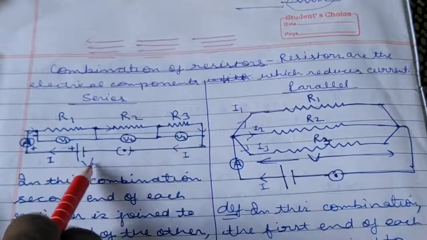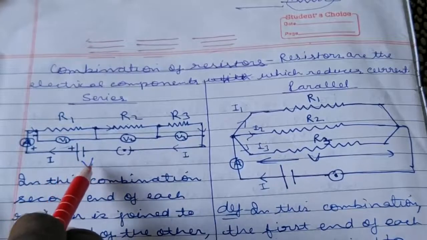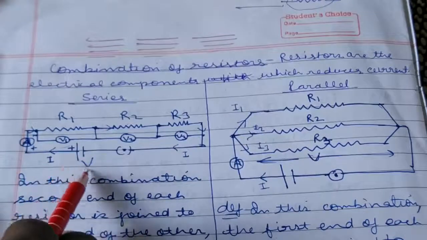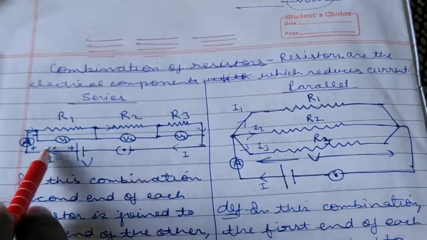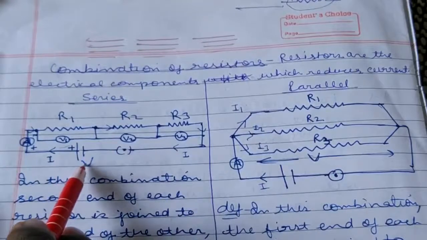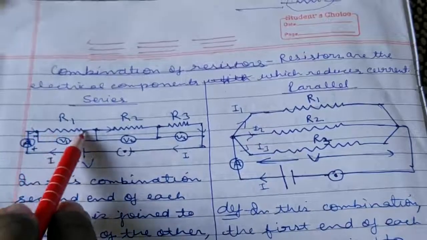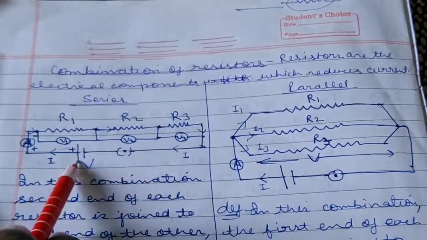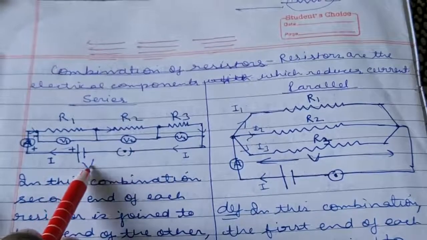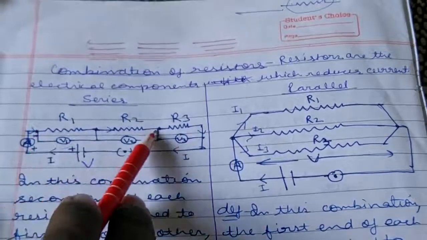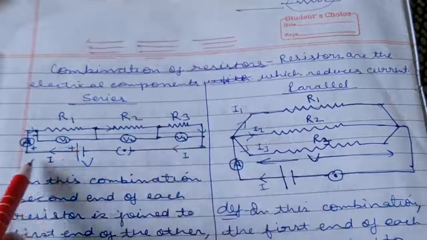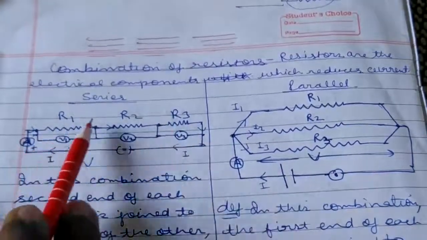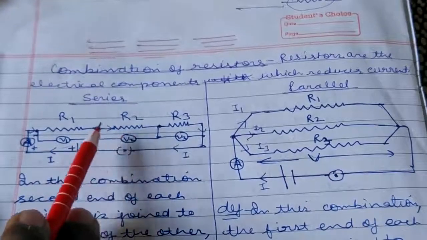Suppose its potential difference is V. When it draws current, this potential difference gets distributed across R1, R2 and R3. If it has negligible internal resistance, then V will be distributed across R1, R2 and R3. This is series combination, in which the second end of each resistance is joined to the first end of the other.